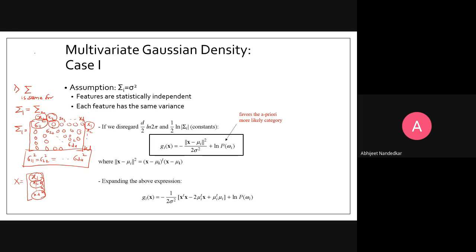That means if x1 is increasing, then x2 may be increasing, this may be the situation. Or there may be a situation where x1 is increasing and x2 is decreasing. This kind of relation does exist in many variables, but when I write 0 here, that means there is no relation between the two variables.